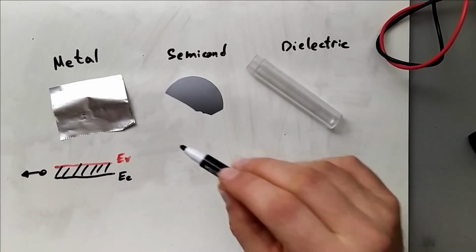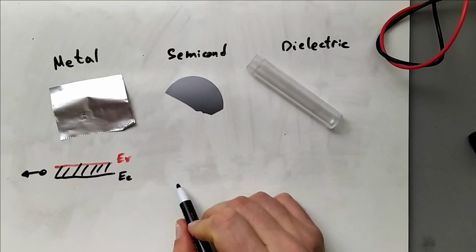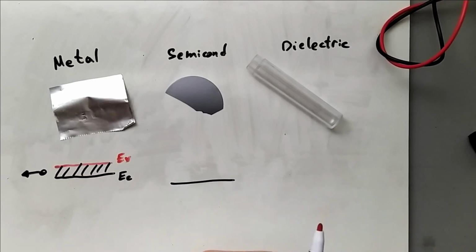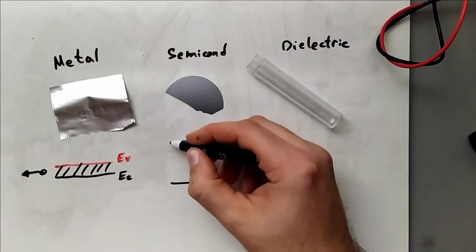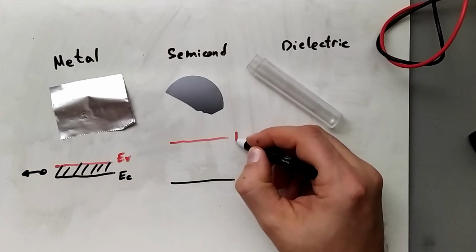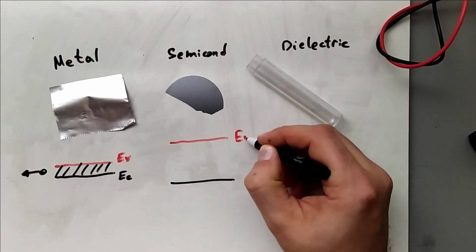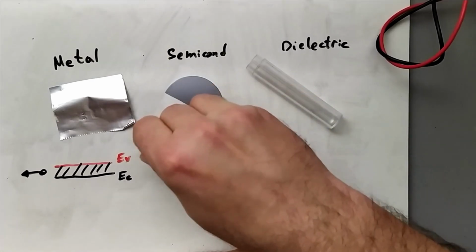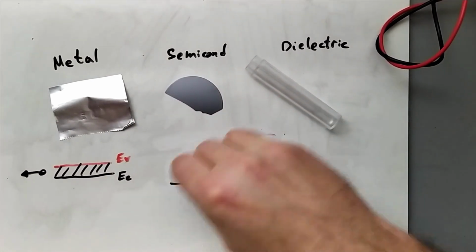So now, semiconductor. In the case of a semiconductor, the conduction and valence bands don't overlap anymore. Actually, that is wrong, let me correct this.